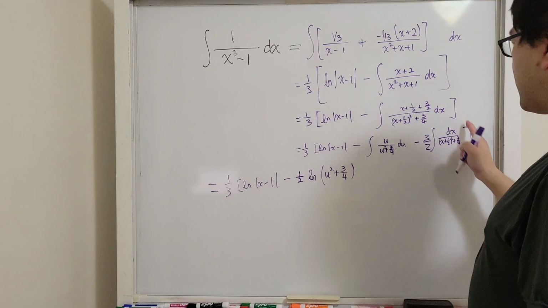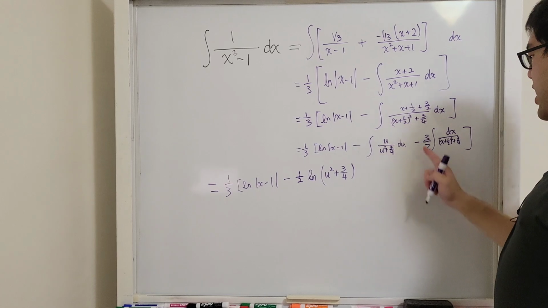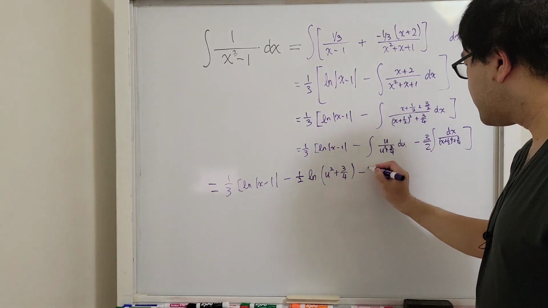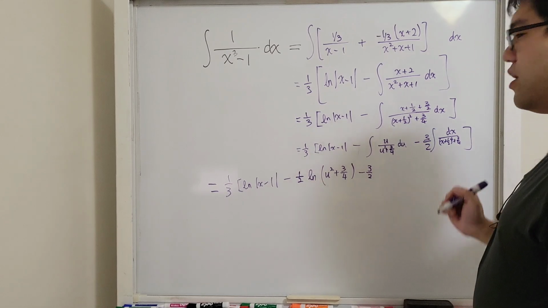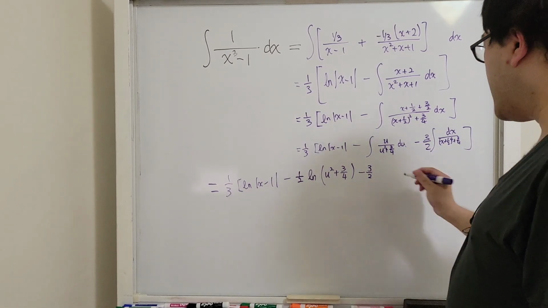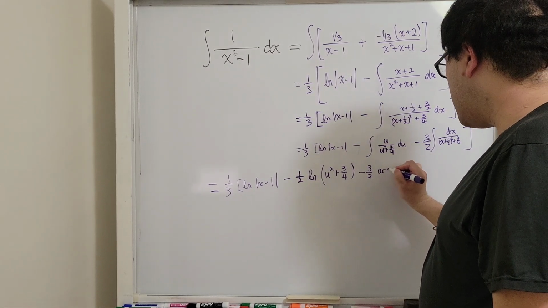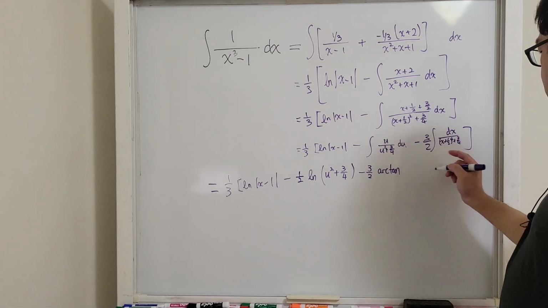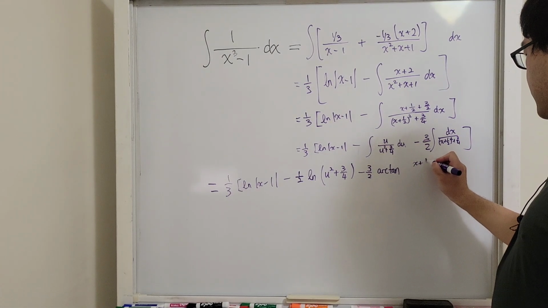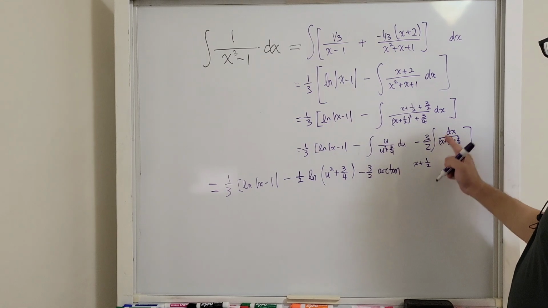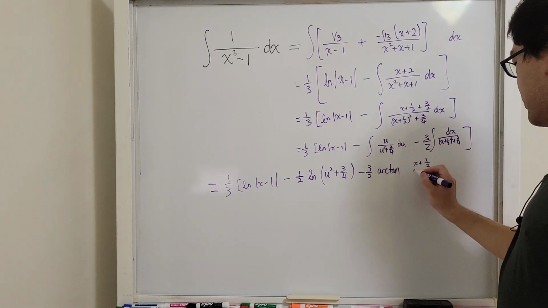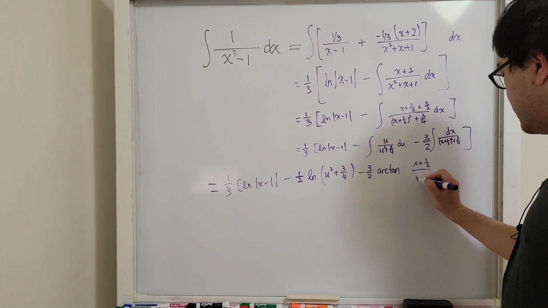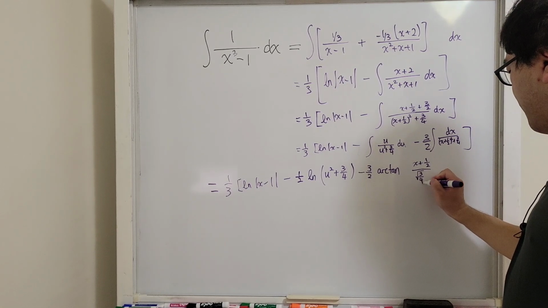And now we need to figure out the last part, which actually has the form of the derivative of arctangent. Therefore, we can rewrite it as the arctangent of x plus 1 over 2, the thing inside the square, divided by the square root of the remaining part, which is square root of 3 over 4.